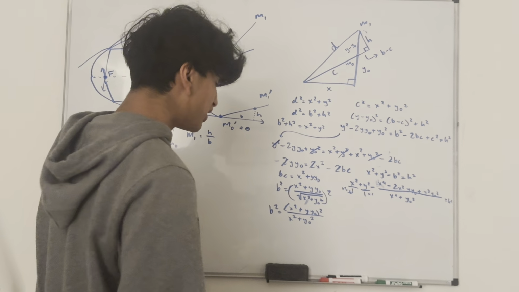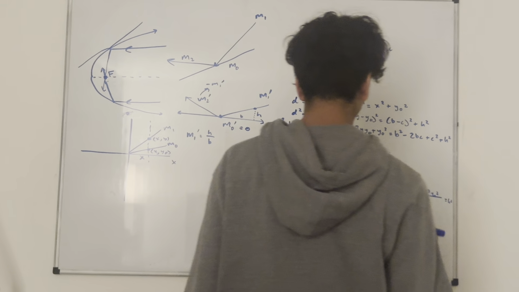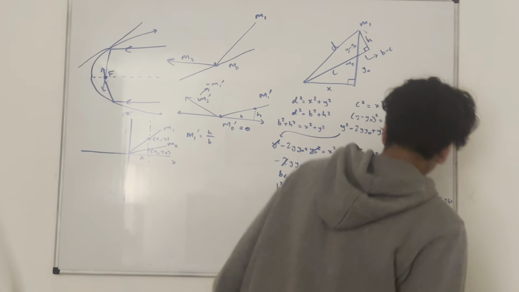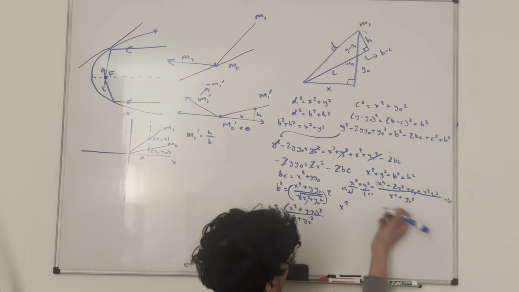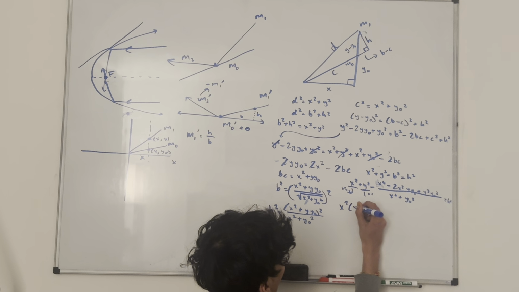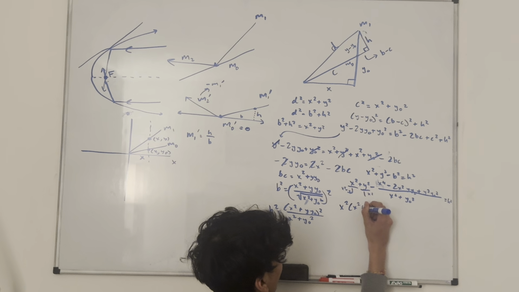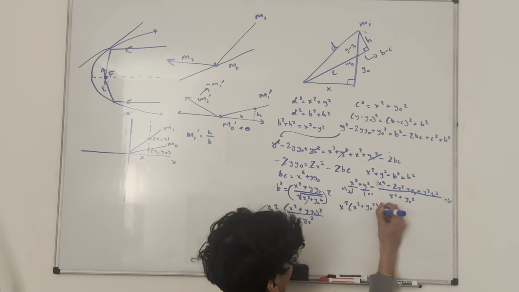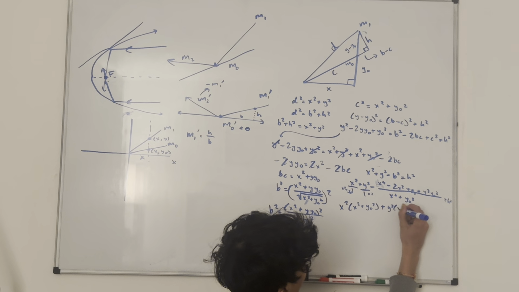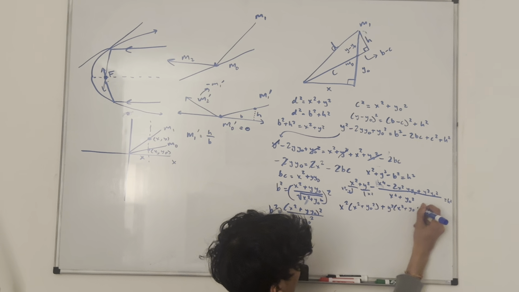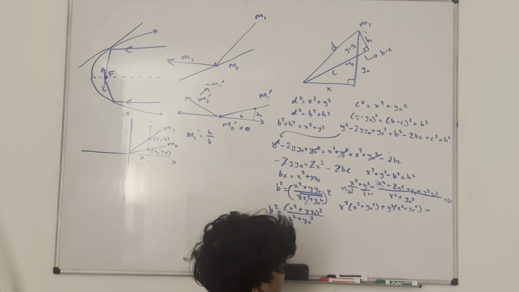So really what I get is, okay, I'm gonna kneel down just because I'm gonna be here a lot. X squared, x squared plus y initial squared plus y squared, x squared plus y initial squared. You're actually gonna see something probably, maybe. Minus, yikes, this is gonna be a lot.